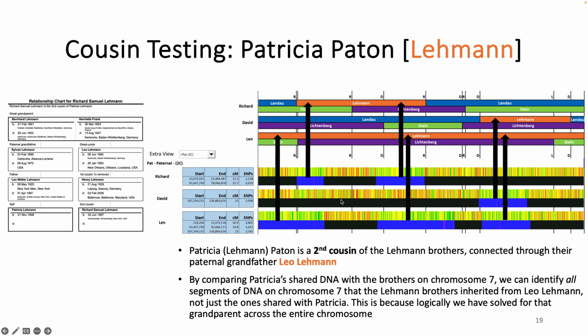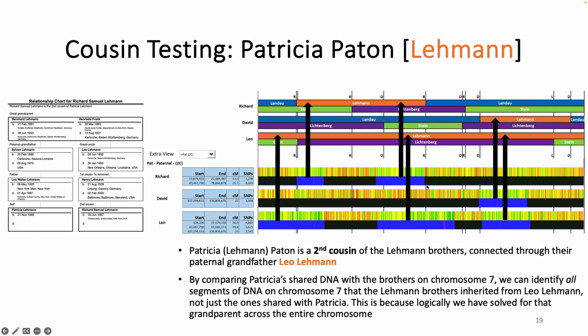We can see something very similar over here with the second segment, where Len's got this very long segment that's 40 centimorgans. Richard's got one that's 26 centimorgans, but it ends right here. And if he had inherited from Lehmann the entire way, he should look exactly like Len.